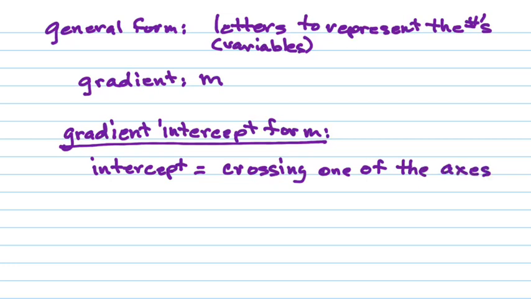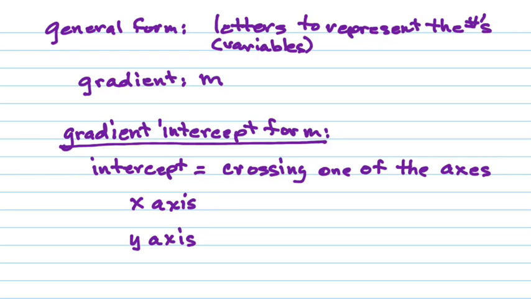Now, it's not axis because I mean both of them. So axis plural is axes. And remember, we have an x-axis and we have a y-axis, exactly, good. So two of them are axes.